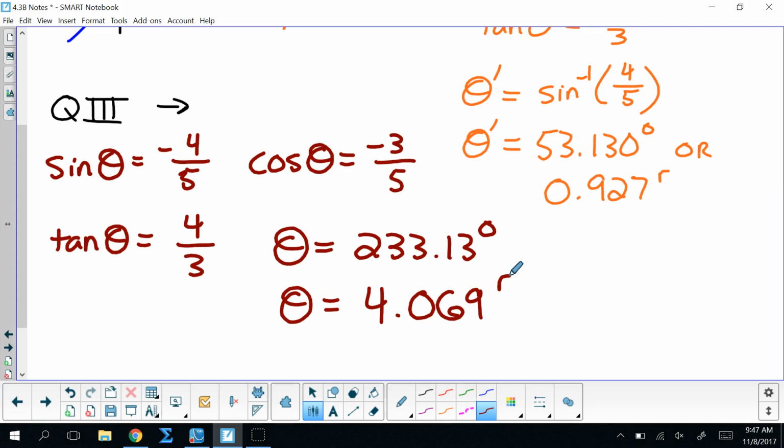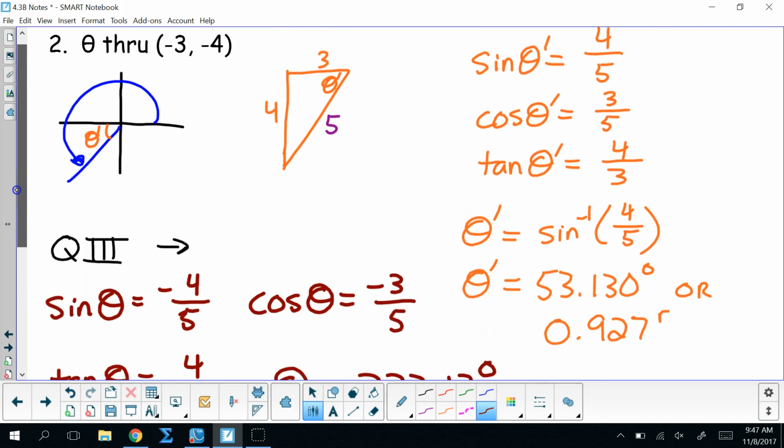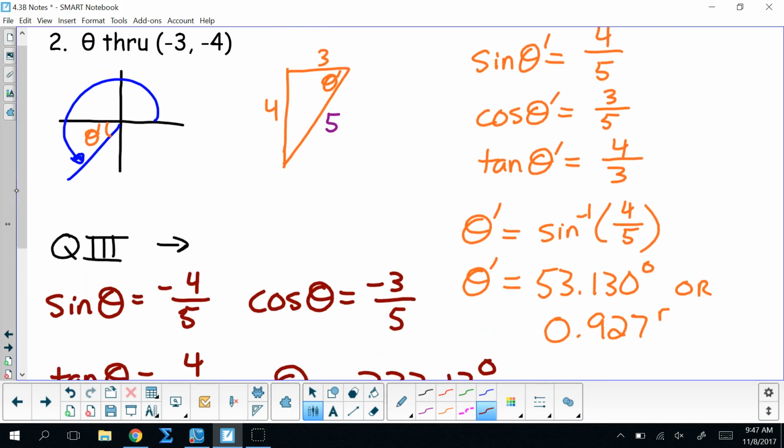Did you see a pattern yet? You got one? What do you got? It's kind of you just use the reference angle and then either subtract or add 180 to find your theta. Okay. Anybody see another pattern?